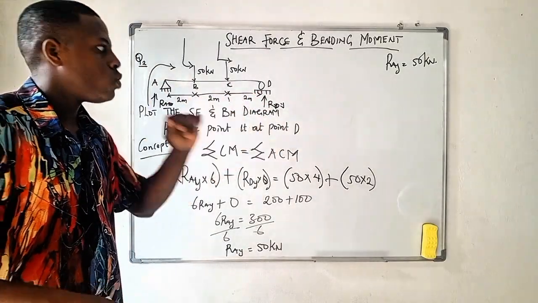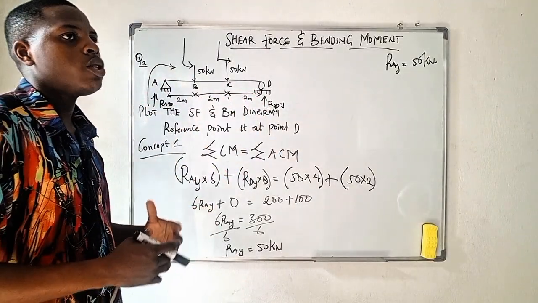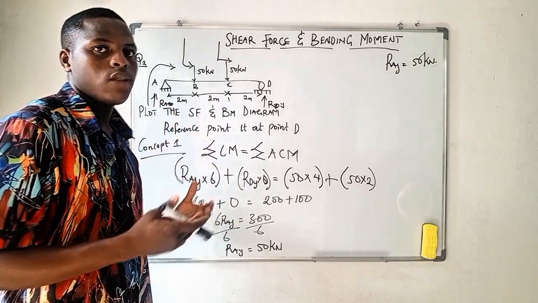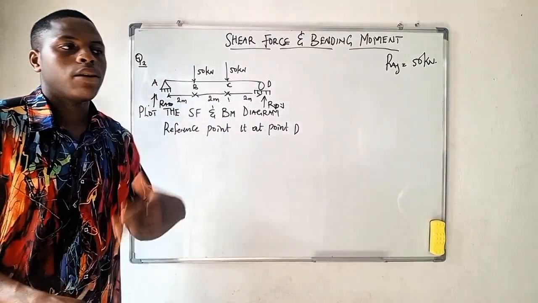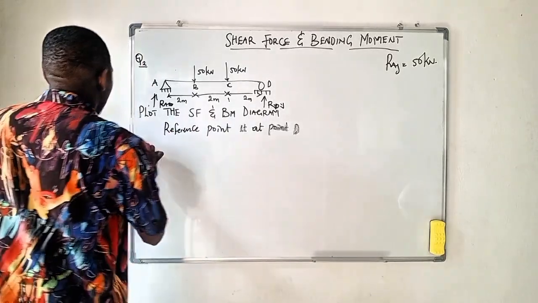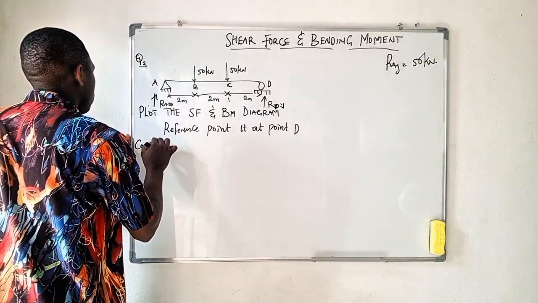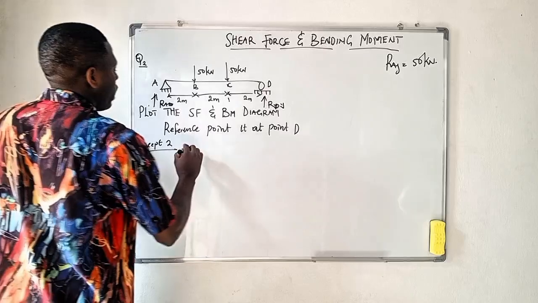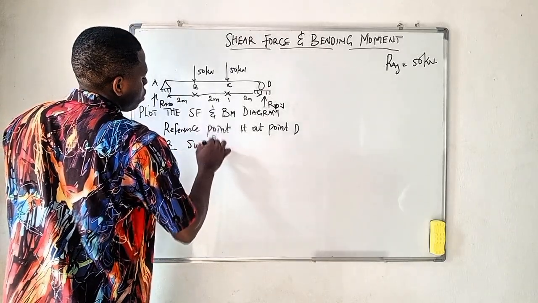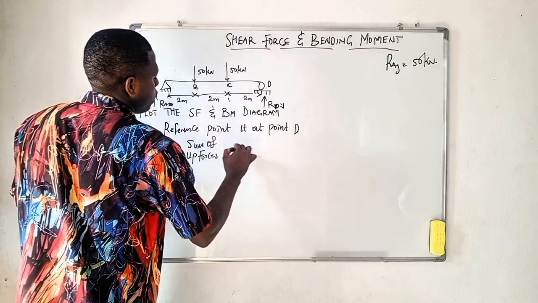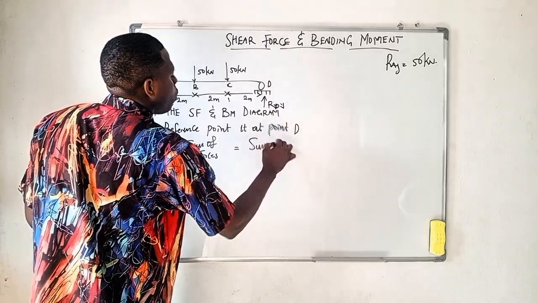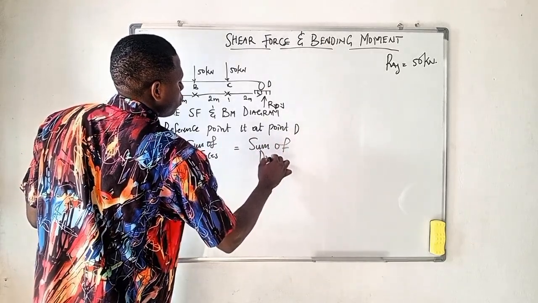I gave you concept 2, which is the summation of upward force is equal to the sum of downward force. So your concept 2 is now the sum of upward forces is equal to the sum of downward forces.